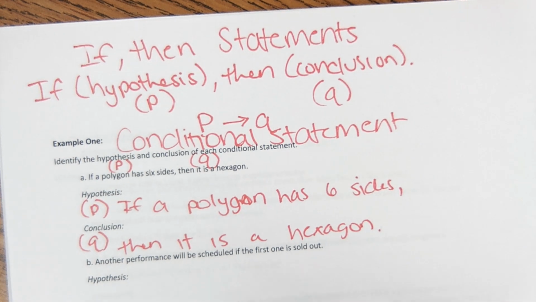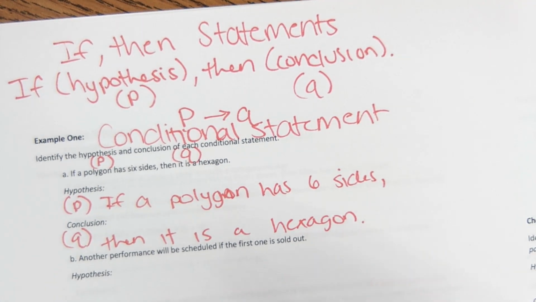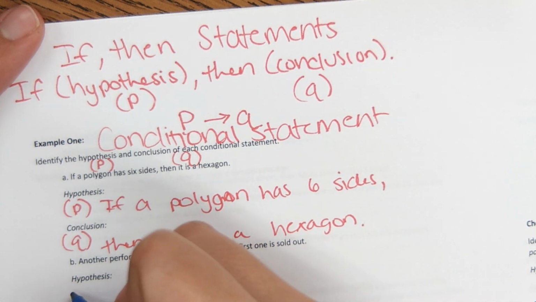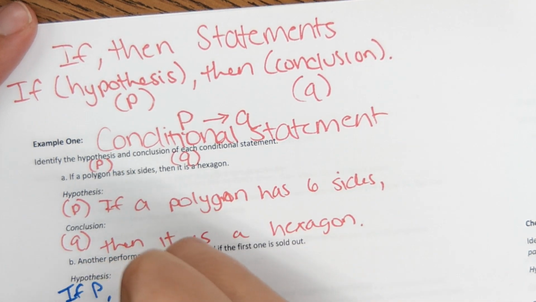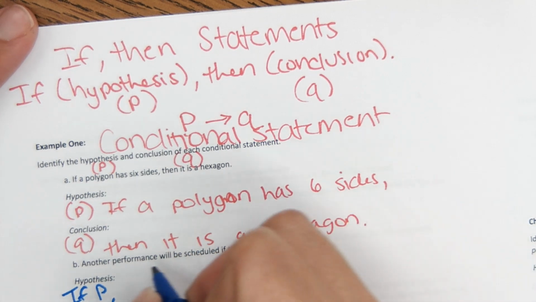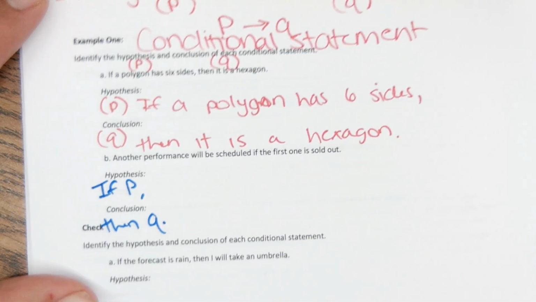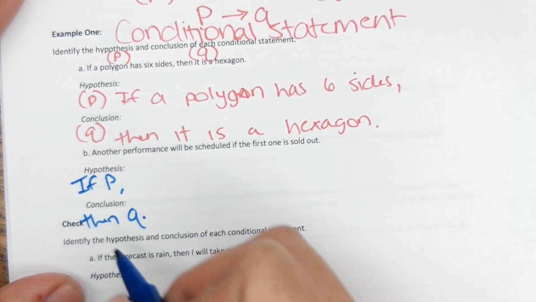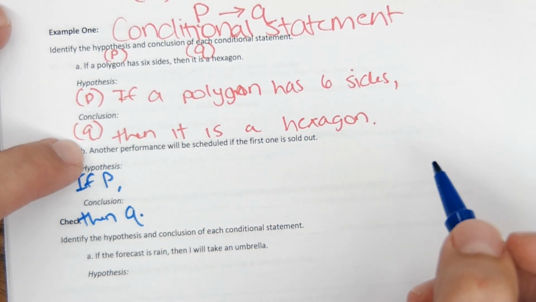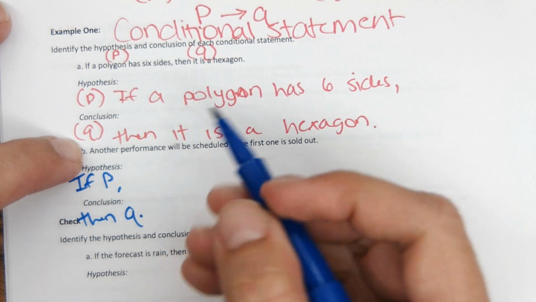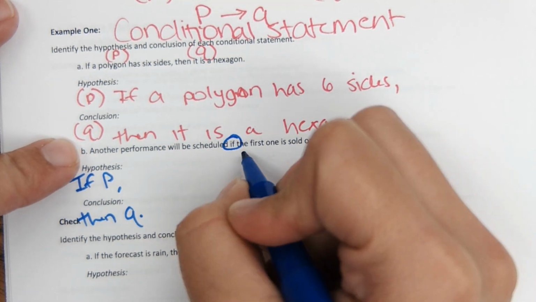Okay, the next one is similar. The difference is they switched the order, but the hypothesis is always that if statement, if P, then Q is the conclusion. Oh, thank you for letting me know. So hypothesis is if P, and conclusion is then Q. This statement says another performance will be scheduled if the first one is sold out.